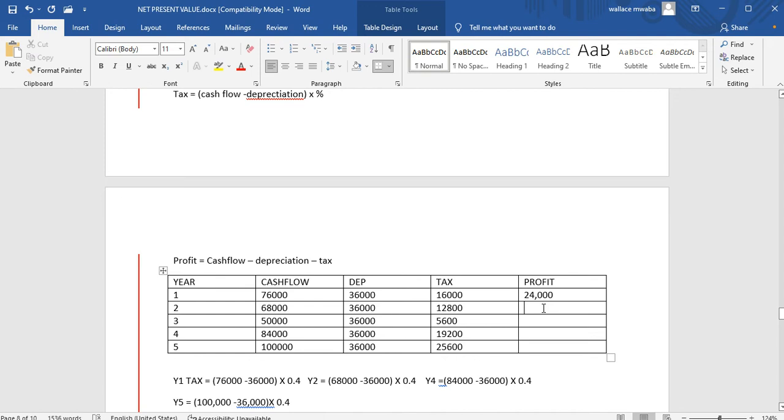That's the profit for year 1. Year 2, we say 68,000 minus 36,000 minus 12,800, we get 19,200 as our profit.